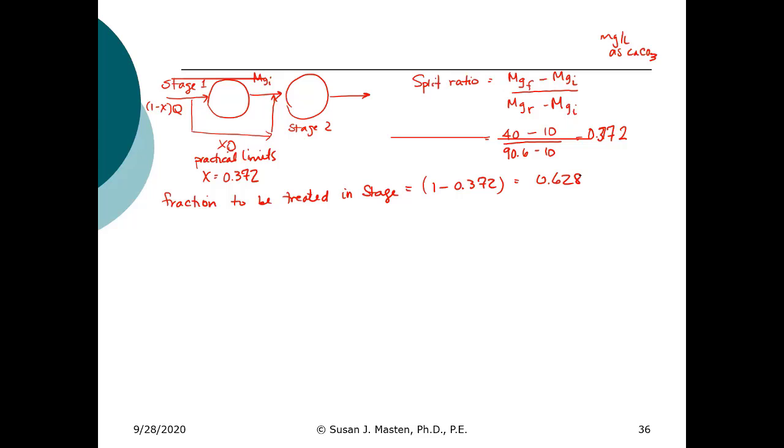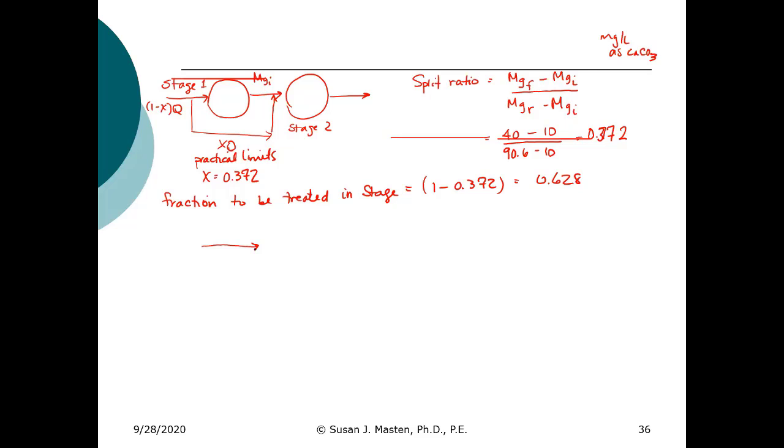So we need to think about doing a mass balance, because we need to know how much hardness is entering stage 2. All the mass balance problems that we did, this is what we're going to use again, and we'll use this throughout the course. That's why we do the mass balance to begin with.